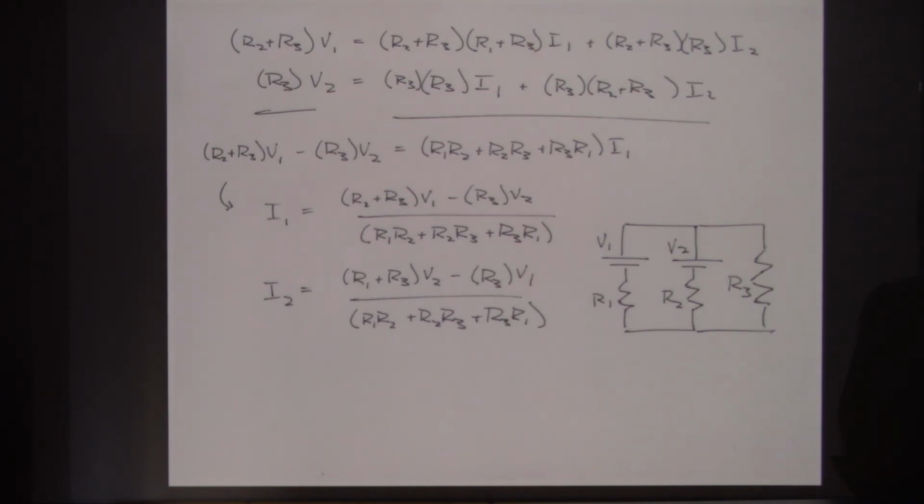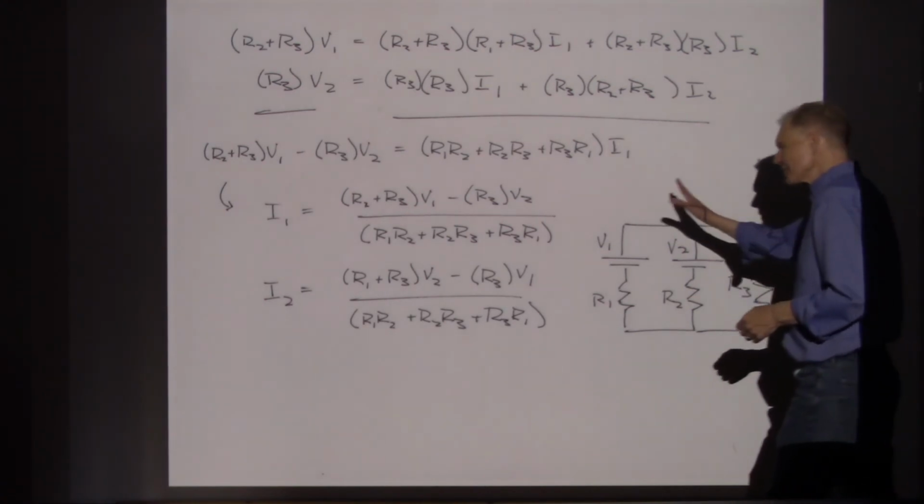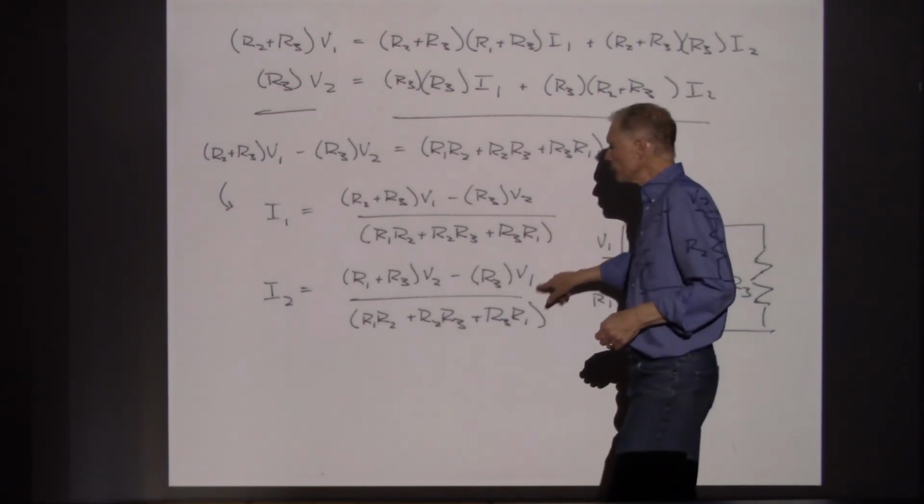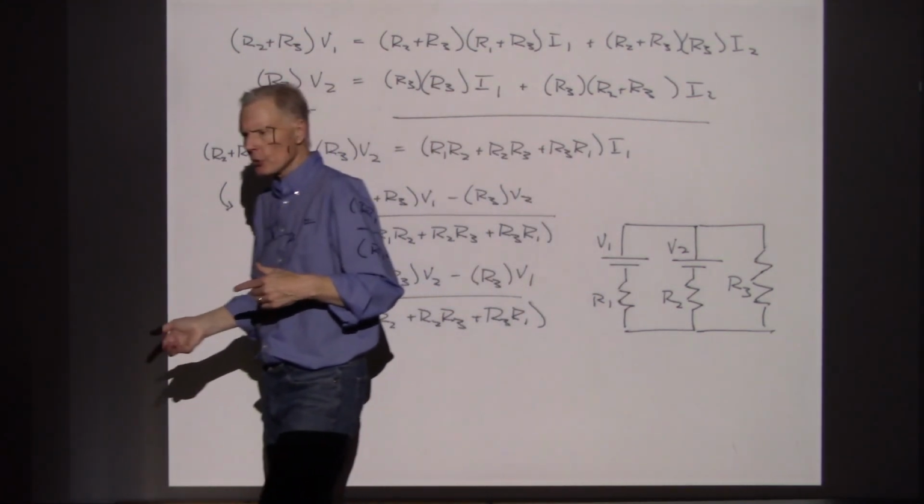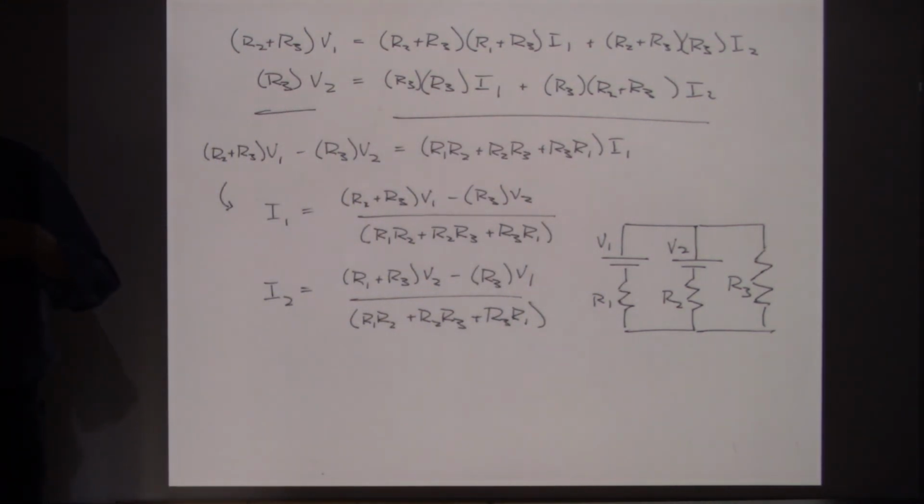Again, if the batteries are ideal, which means we can just reverse the chemical reactions, then we'll be recharging that battery, replenishing the reagents that are being used in the chemical reaction. So that's the nice feature here: we can figure out under what conditions I1 will be in the positive direction or negative direction, and the same thing for I2.